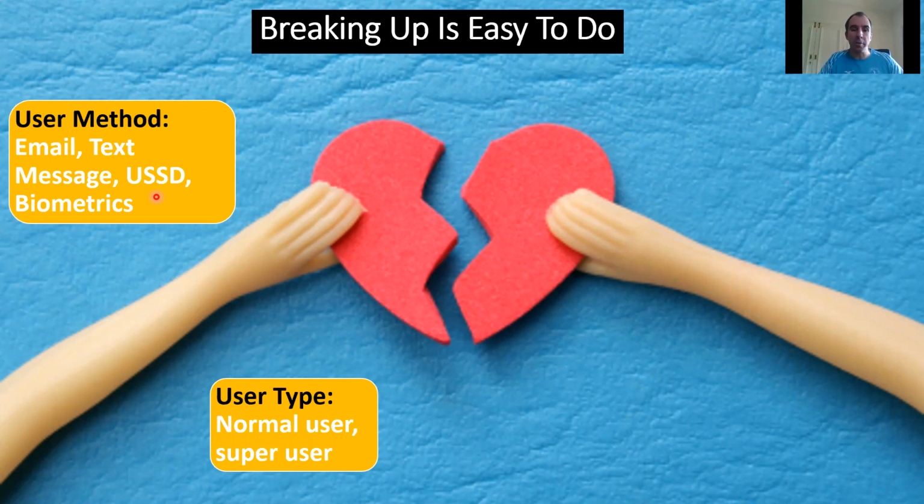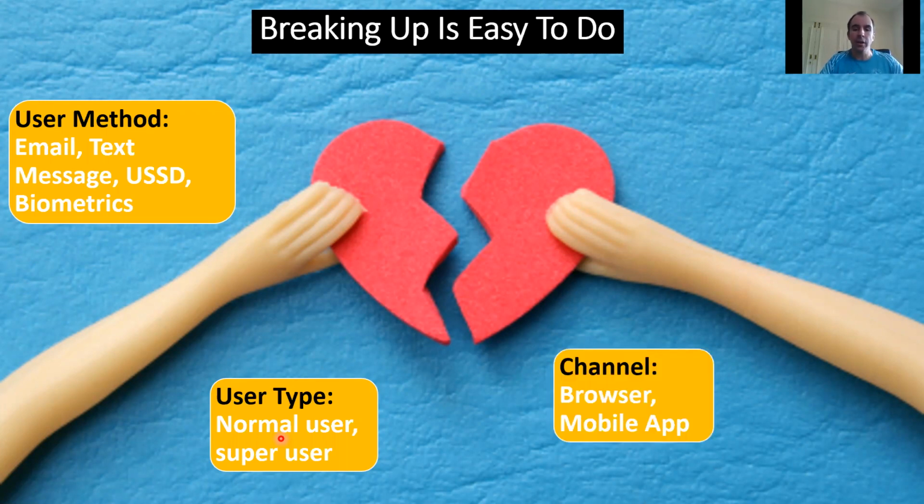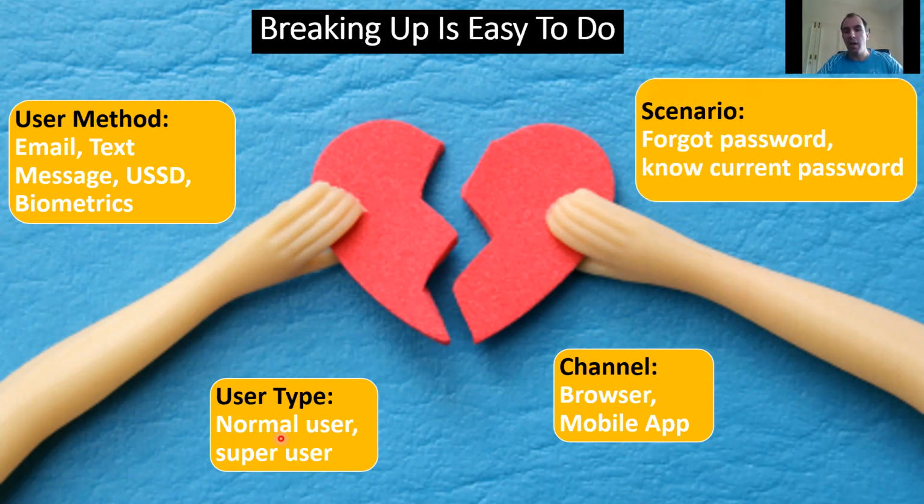Those super users, we want to make sure there's more security on a password reset than for a normal user where there's much less risk if something goes wrong. Another way is potentially by the channel. If you've got a browser and a mobile app, that's another way we can split it. And or by scenario. So I've forgotten my password, I don't know what it is, or I do know my current password, but I just want to reset it. So various different ways that we can look at doing it.